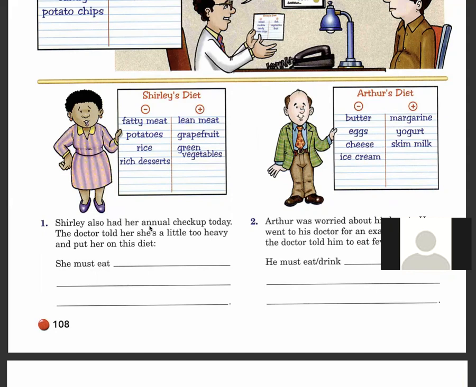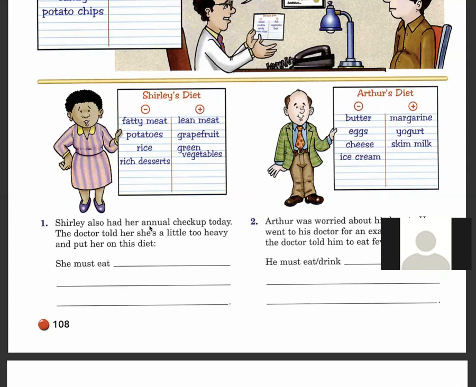The doctor told her she's a little too heavy and put her on this diet. Diet. Okay.